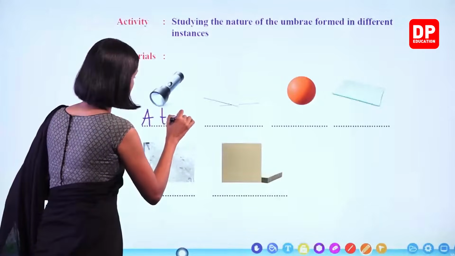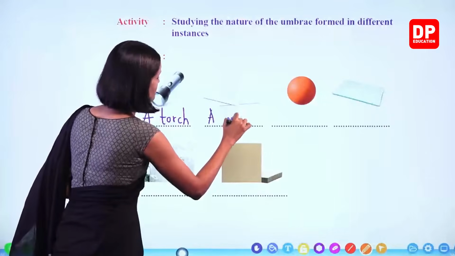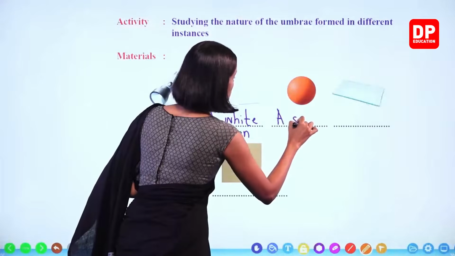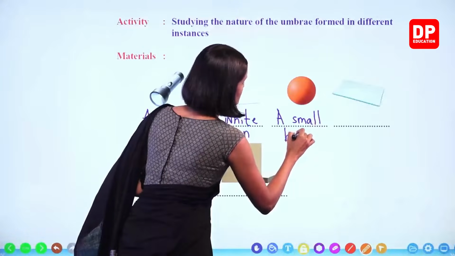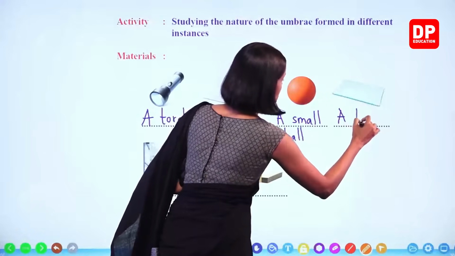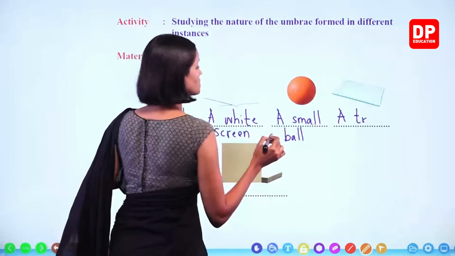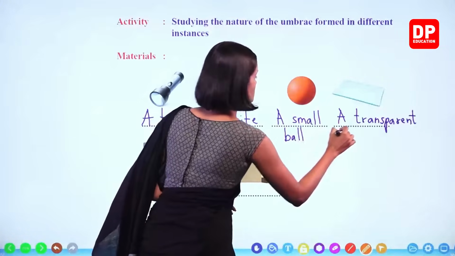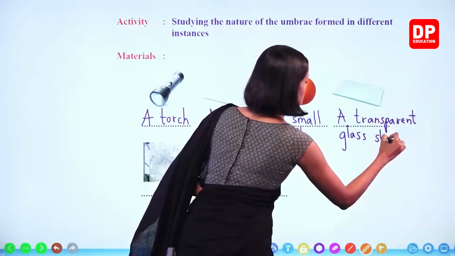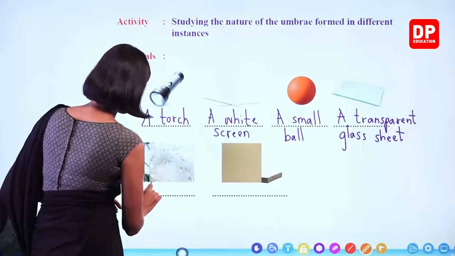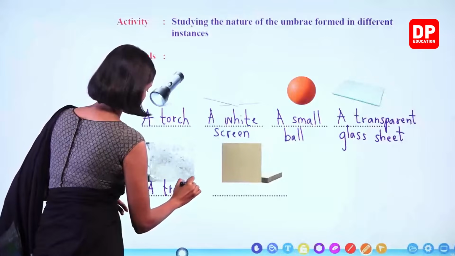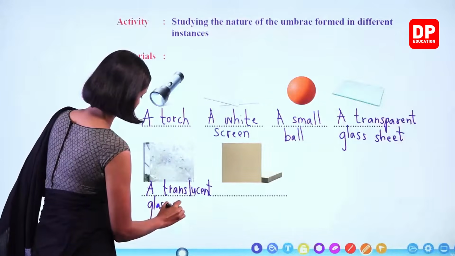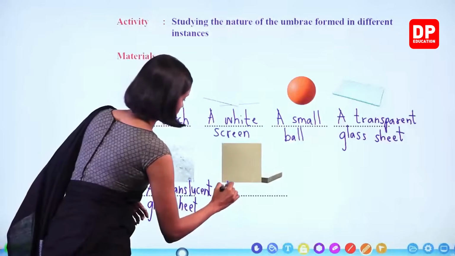We need a torch, white screen, a small ball, a transparent glass sheet, translucent glass sheet, and a cardboard sheet.